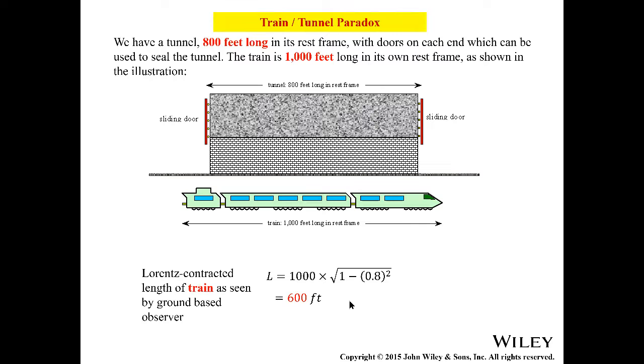I immediately got the concept that you are asking for Lorentz contraction. Then I look up the formula, and I just have to know how to use it. Since its own proper length, its length in its own rest frame, is 1,000, and the train is moving at 0.8 the speed of light, boing, the actual length of this train is now shorter. It's not 1,000 feet, it is 600 feet.